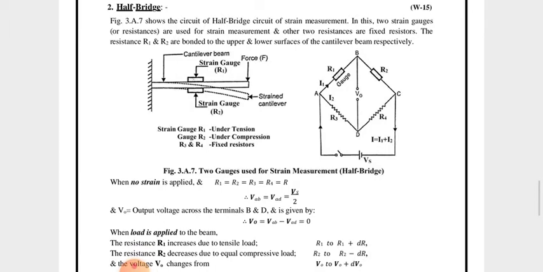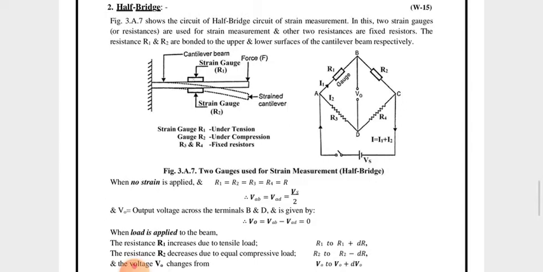Okay, when no strain is applied, R1, R2, R3, R4 are equal to R. So VAB equals VAD equals Vs by 2, and that's why the output voltage is equal to 0, meaning VO equals VAB minus VAD equals 0.